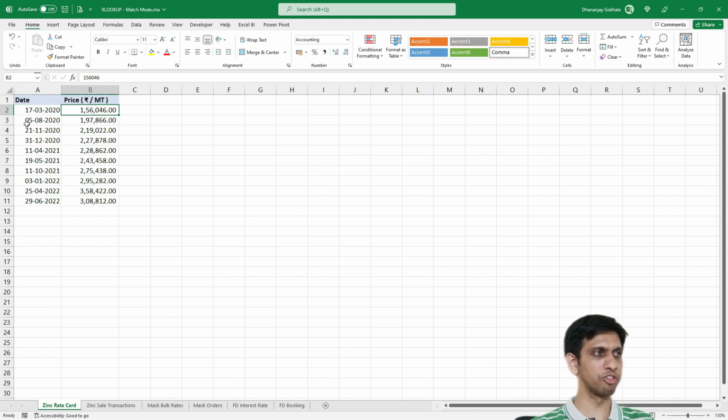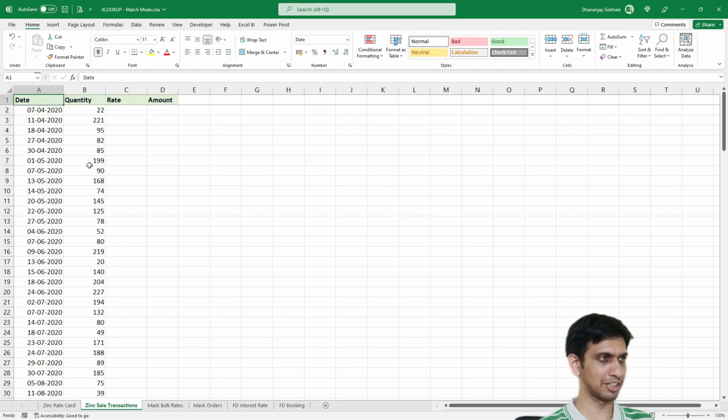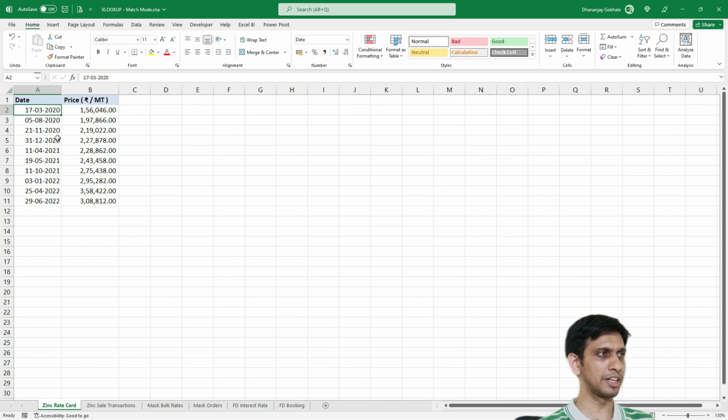Till 4th August the rate didn't change, and on 5th August the new rate is 1,97,866. I have sale transactions for zinc. If I have any date between 17th March and 4th August, it should take the rate 1,56,026.